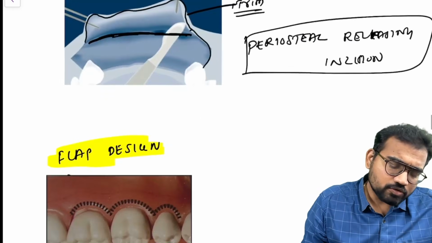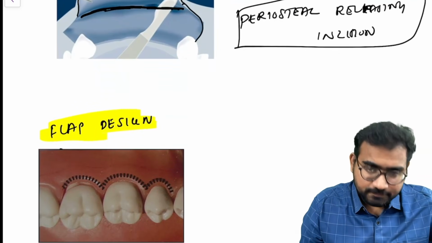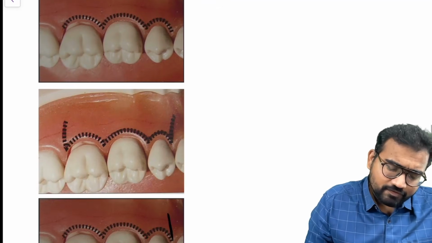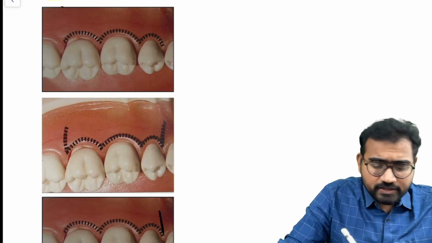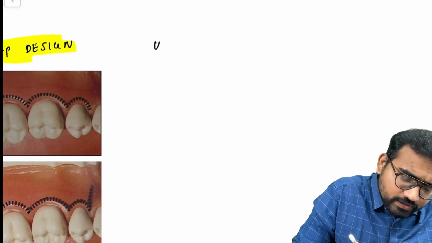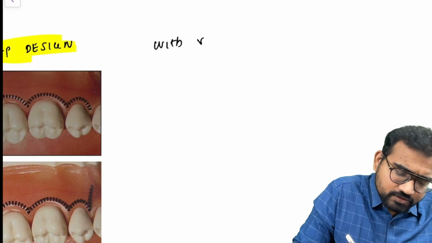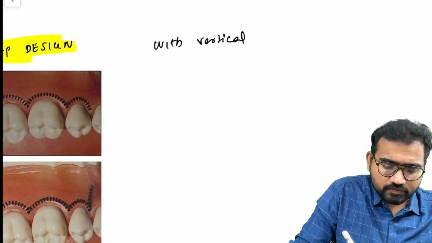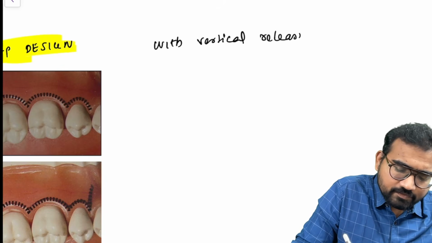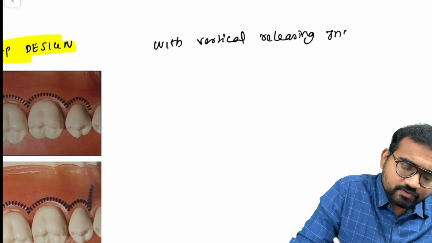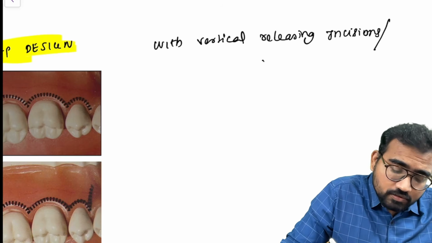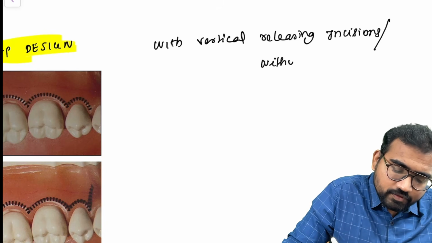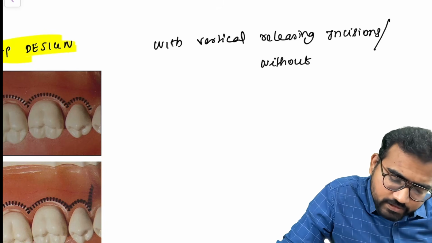Now moving on to the design of a flap. Okay, so flap design can be with vertical releasing incisions or without vertical releasing incisions.